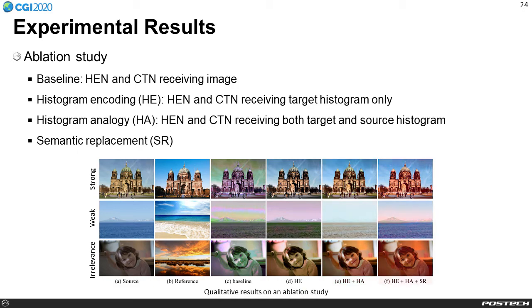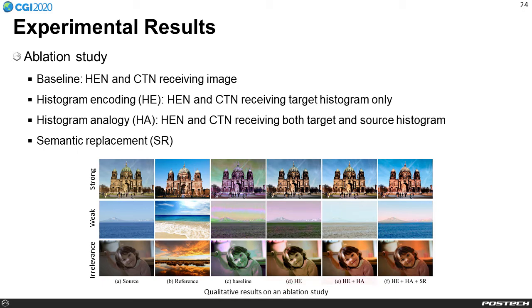SR refers to semantic replacement. If you look at column C in the figure, baseline does not work at all. As discussed earlier, use of image as reference confuses the network, while histogram facilitates the training process as the network focuses on color information. The HE model produces an image with vivid colors, but it fails to reflect the reference color properly.